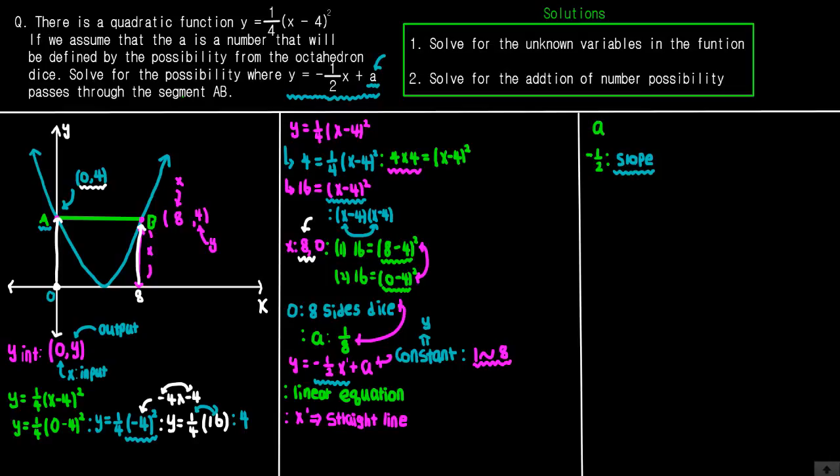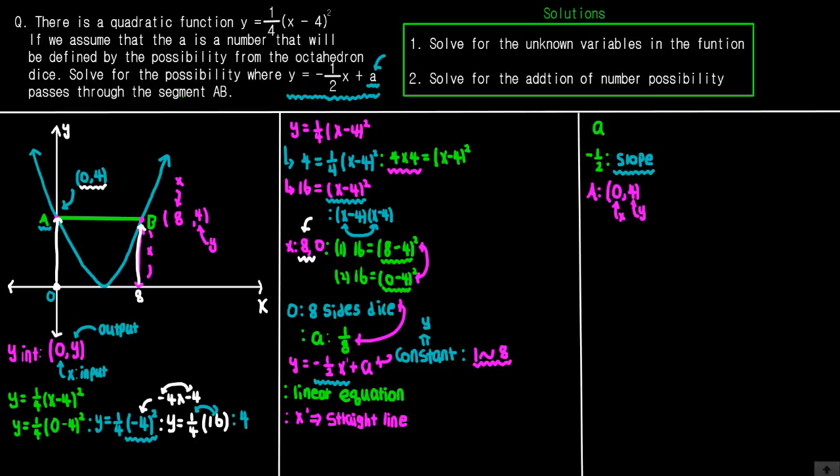So if you find the a value that passes through the point A and the point B, the function with those a values will pass through our segment AB. Our point A is equal to 0, 4, where the x value is equal to 0 and our y value is equal to 4.